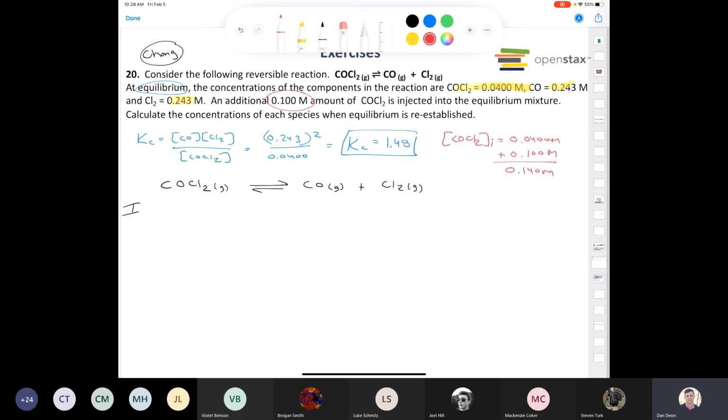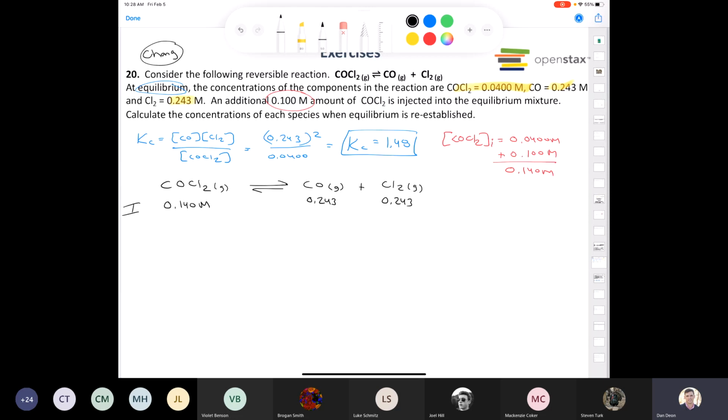So that tells you when you first start, okay, and of course there's going to be a change here, but you're starting it with 0.140 molar of this and 0.243 molar of each of these. And if you're thinking, Mr. Dion, that's not an equilibrium, that's the point. No, it's not an equilibrium right now, is it? Okay, but something's going to happen to establish equilibrium.